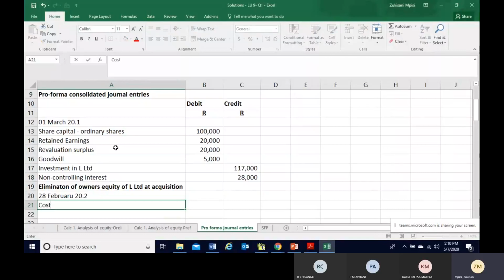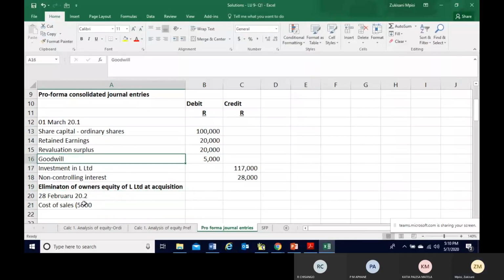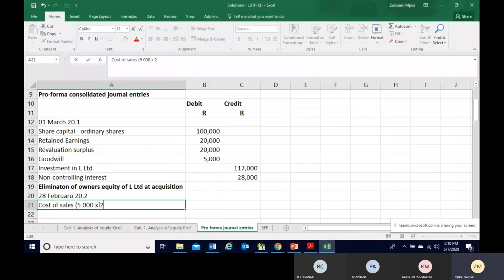So to do that, we say cost of sales, and we're saying 5,000 multiplied by 25%, or else, so that it does not confuse you, divided by 133.33.